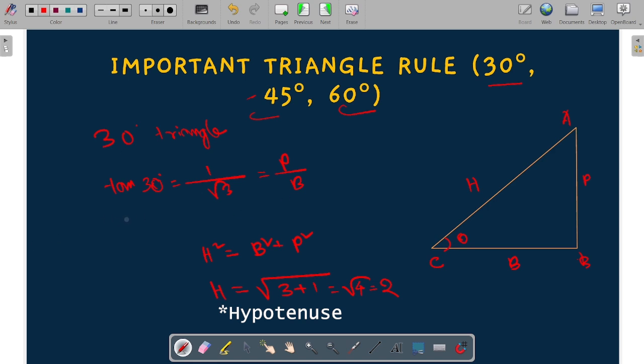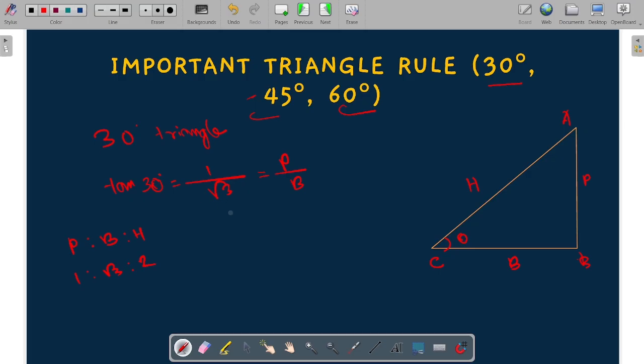So इसका ratio क्या होगा? Perpendicular to base to hypotenuse का ratio होगा 1 : √3 : 2.